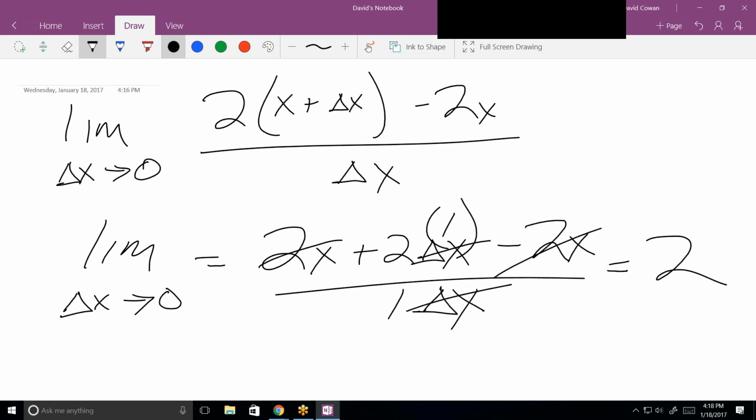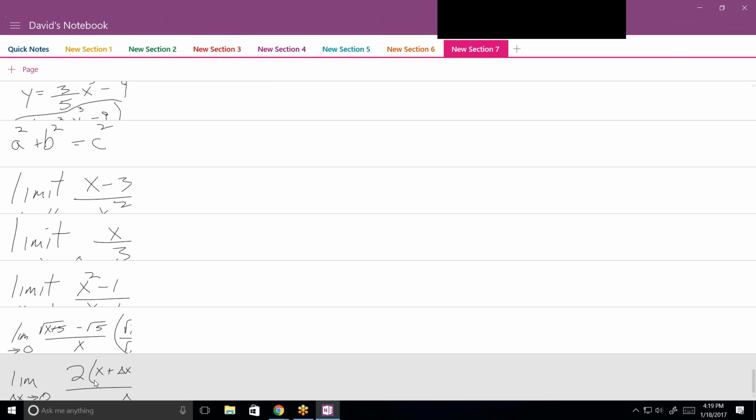And that's the way all of these limit problems are solved, whether you have to factor to get it to a different number and cancel, or whether you have to use the conjugate, which is what we used previously.